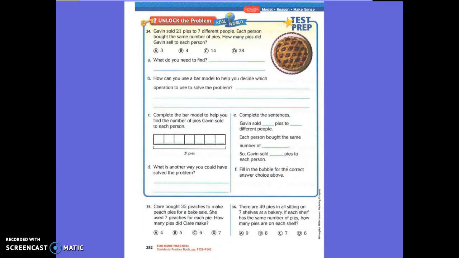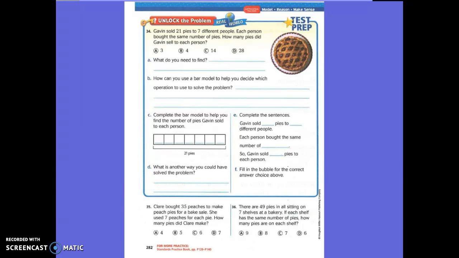So, let's read number 34. Gavin sold 21 pies to 7 different people. Each person bought the same number of pies. How many pies did Gavin sell to each person?